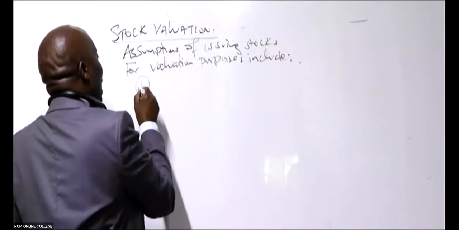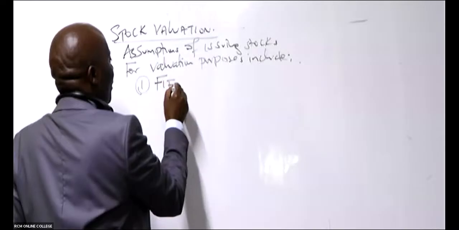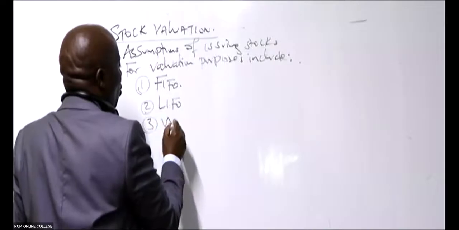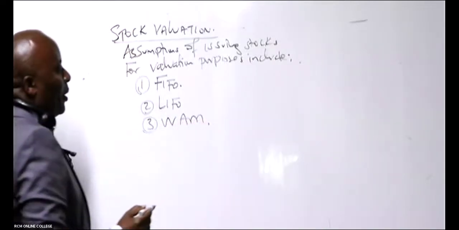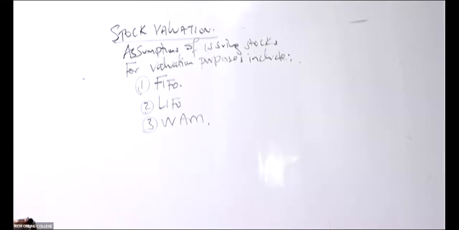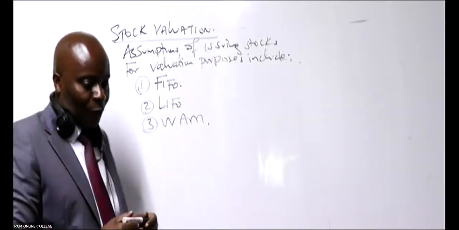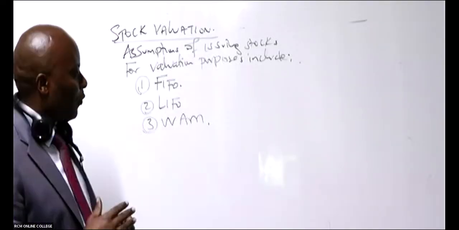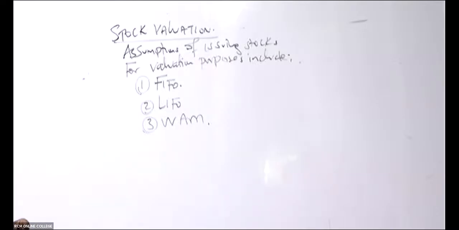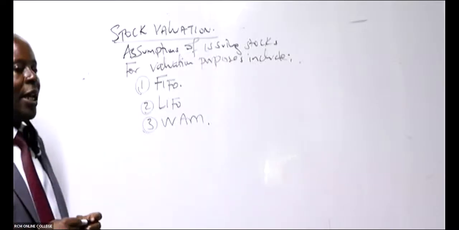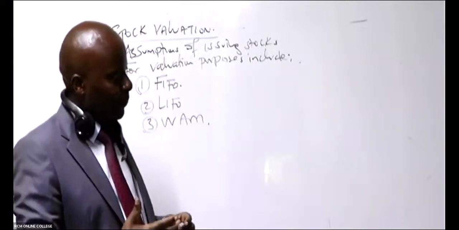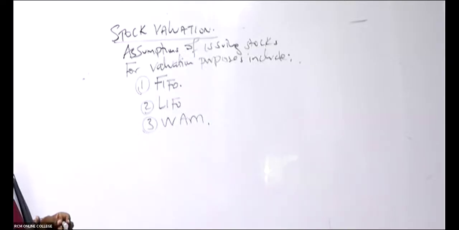They include number one, FIFO. Number two, we have LIFO. Number three, we have what we call WAM. So we have FIFO, LIFO, and WAM. FIFO is fast in, fast out.